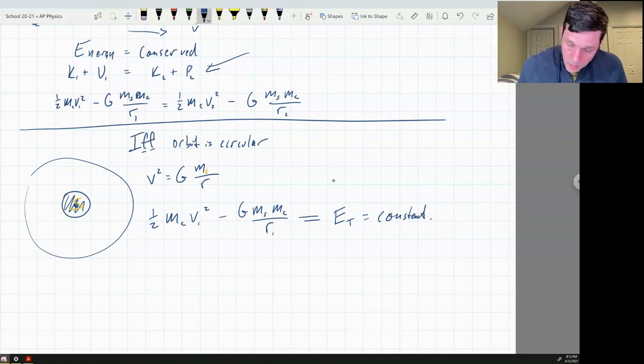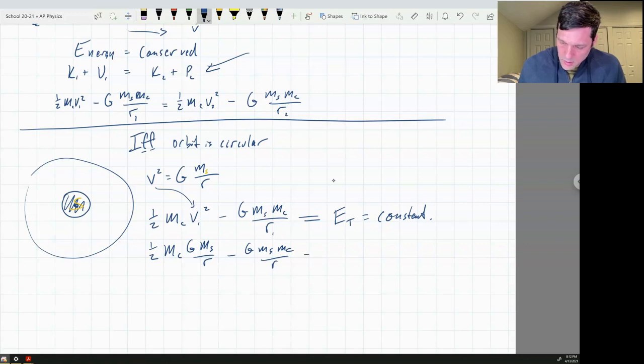So if we plug that in, we get 1/2 times the mass of the comet times G, mass of the sun, over r, minus G, mass of the sun, mass of the comet, over r. That's our total energy. Well, if we look at this carefully, these are exactly the same terms.